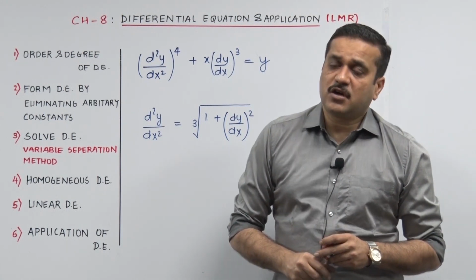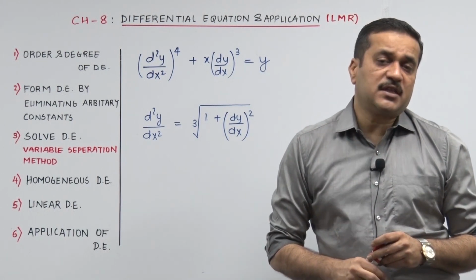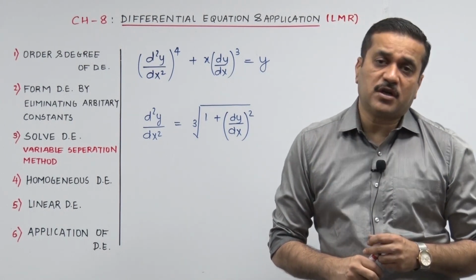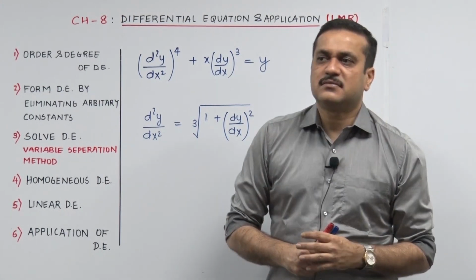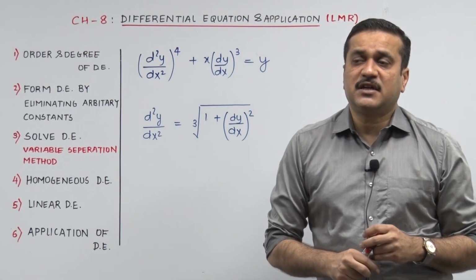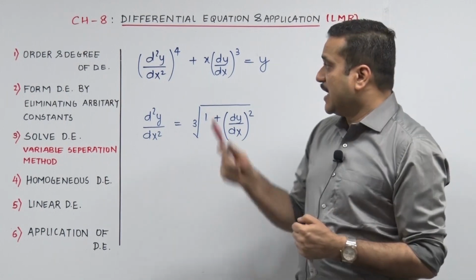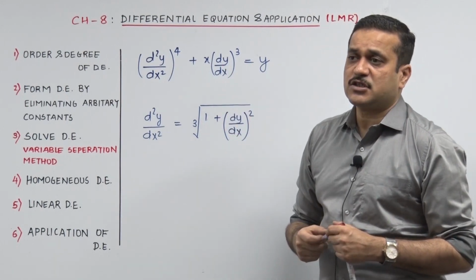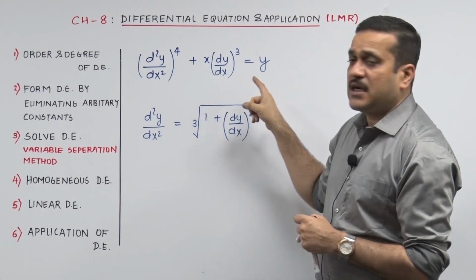Now, what is the order of the differential equation? The highest order derivative in the differential equation becomes the order of the differential equation. Technically a little heavy. As you can see in the first one, we have d square y by dx square and we have dy by dx.